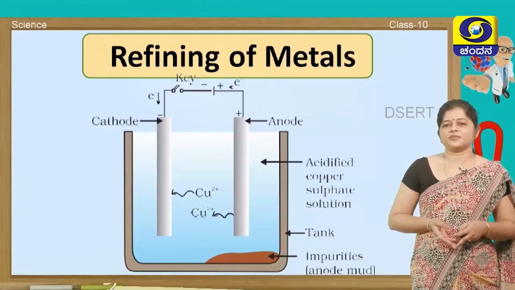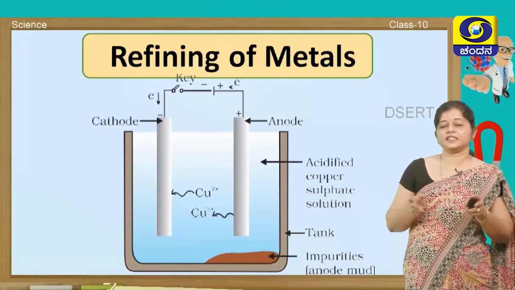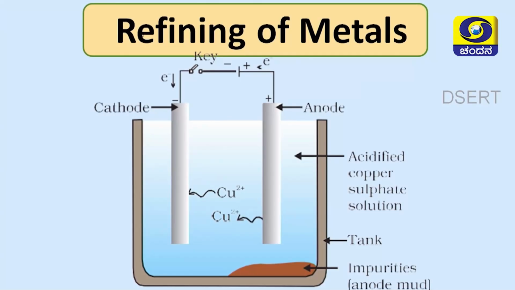This is an experimental setup where you can perform electrolytic refining. You have a cathode, an anode, and a solution. When electricity is passed through it, generally the solution is of the metal that has to be refined. Here it is an example of copper, and the solution taken is acidified copper sulfate solution.